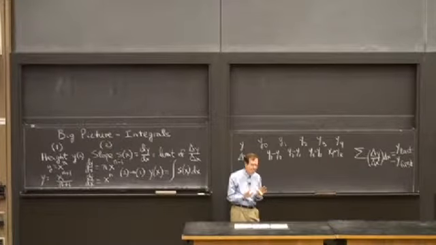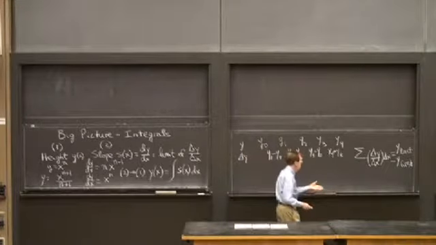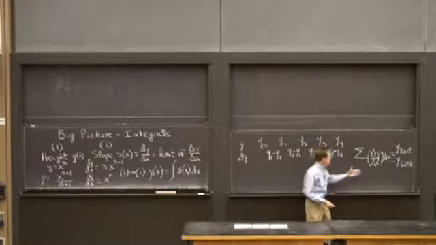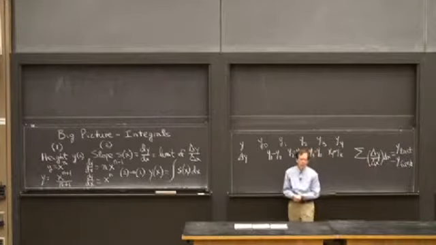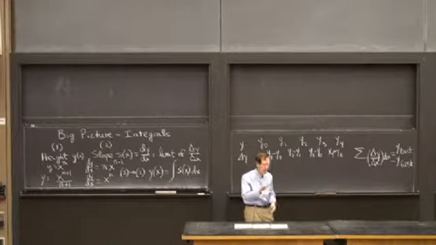Now, here comes the limiting step. The limiting step will be the limit of this left-hand side, this sum. So in the limit, I'll have more and more things. How many?